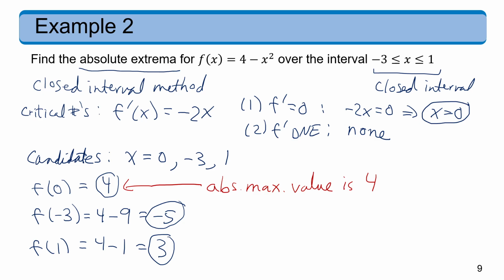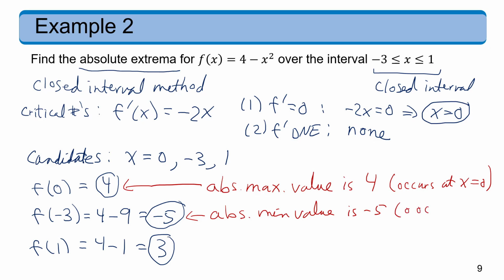So this one occurs at x value 0. Now look at all of our outputs and find the smallest. That would be the negative 5. So this one has an absolute min, and the value would be negative 5. And it occurs at x value negative 3.